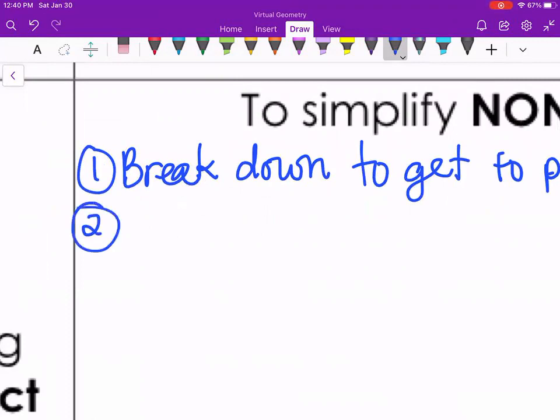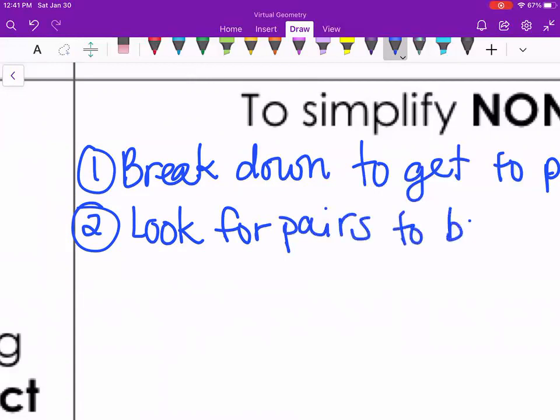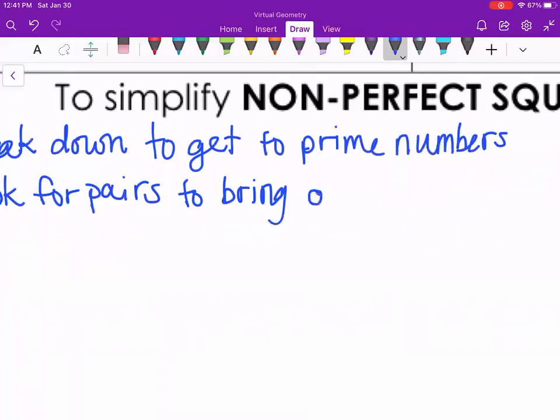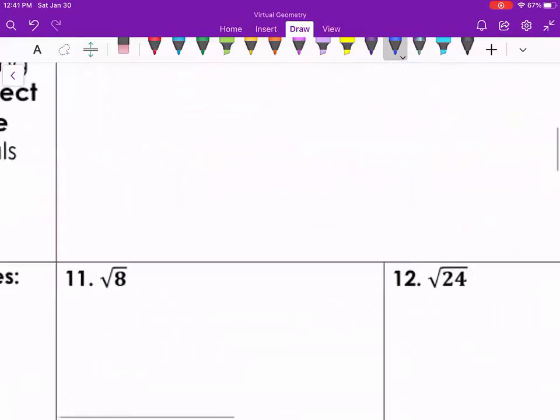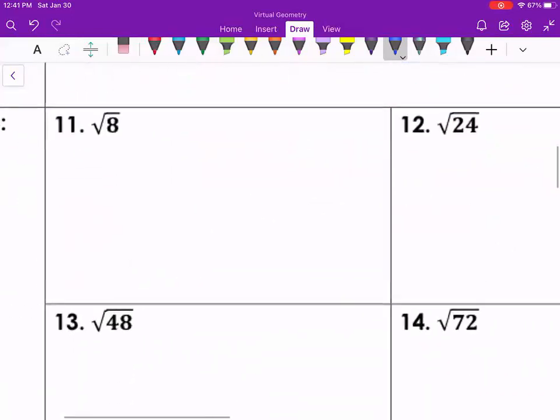Second thing, look for pairs like we did before, that we can bring out. All right, so let's start with that. Let's try that first, and then we'll come back and add to this what we need to.